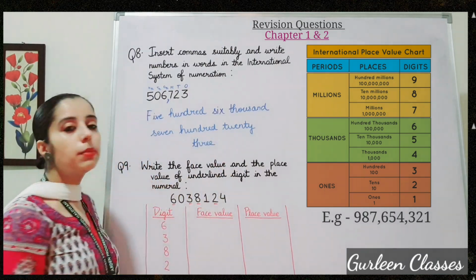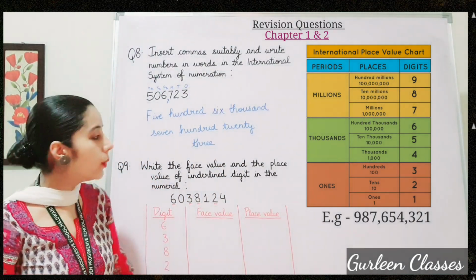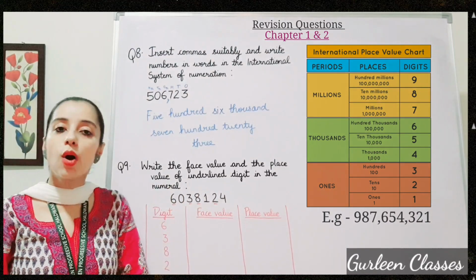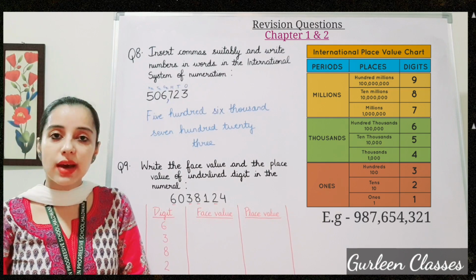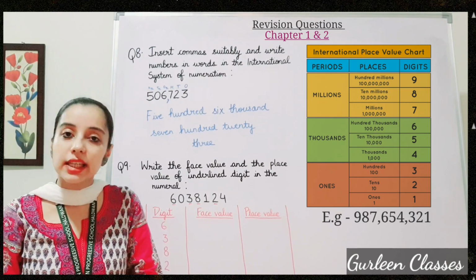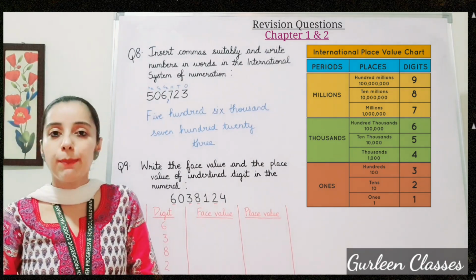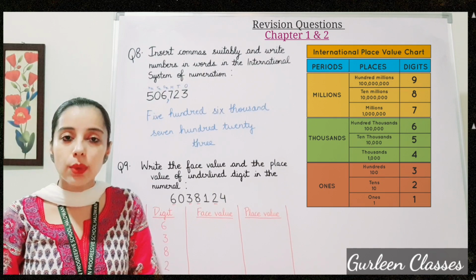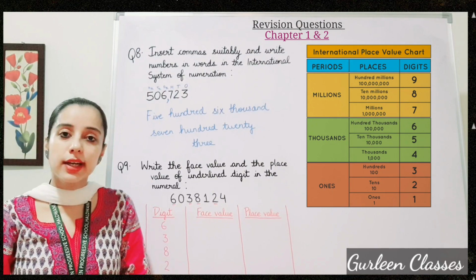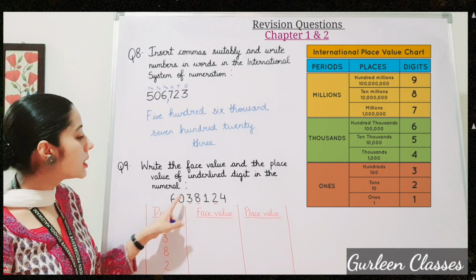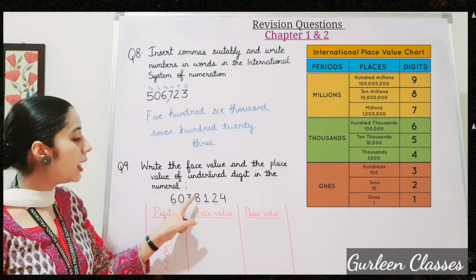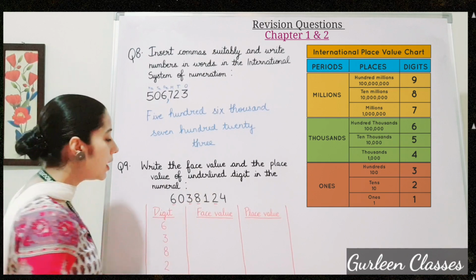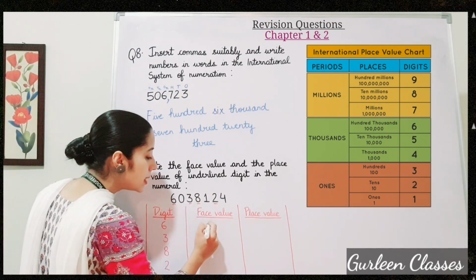Question number 9. Write the face value and the place value of the underlined digit in the numeration. So students, what is face value? Face value is the actual value of the digit and place value is face value into place. So let us do this question. 6038124. Underlined digits are 6, 3, 8 and 2. What is the face value of 6? It will be 6.